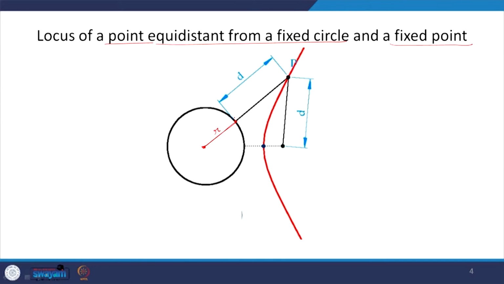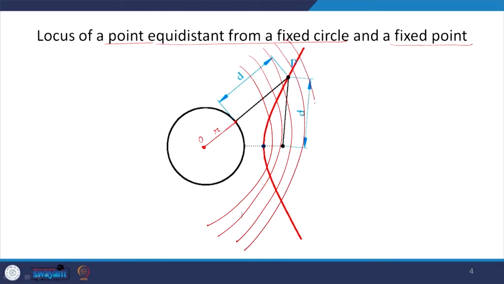So what do we do here is very simple to draw. If you look at the construction procedure, we will draw several concentric circles with the same center O. So the center remains the same. Now in this case, this distance is d and from the center it is d plus r, and from this point it is d.